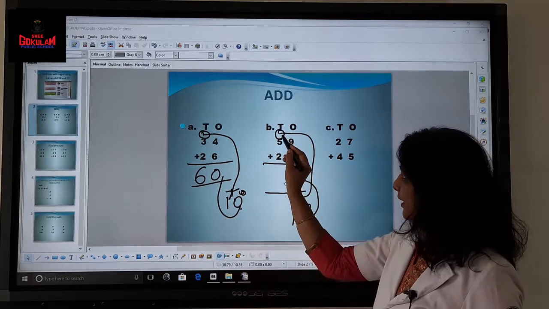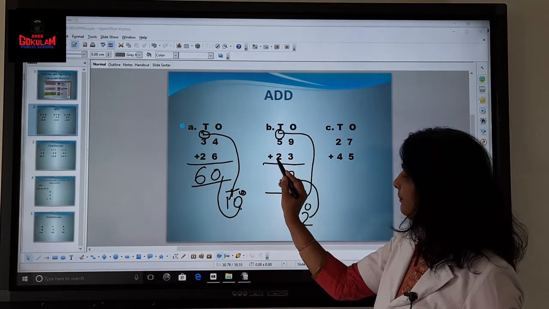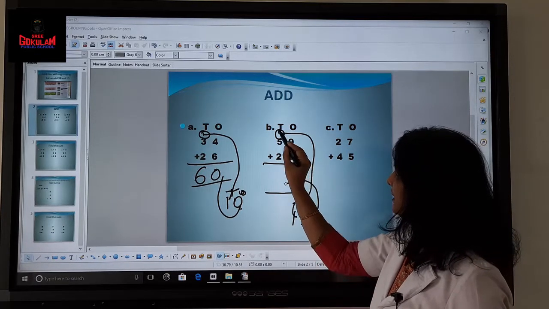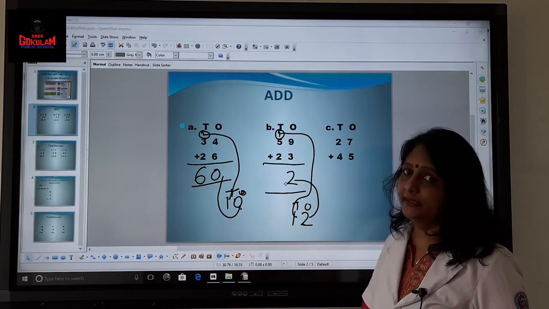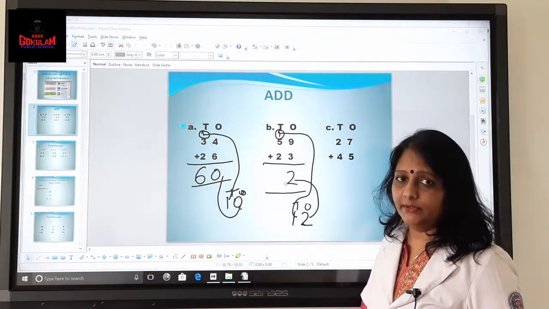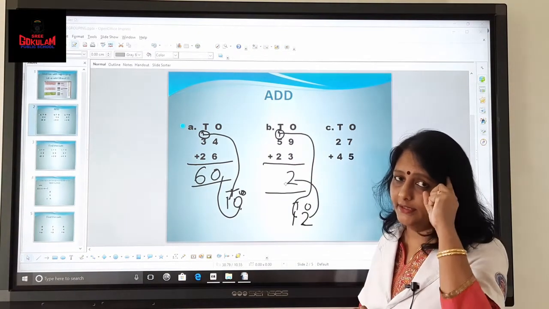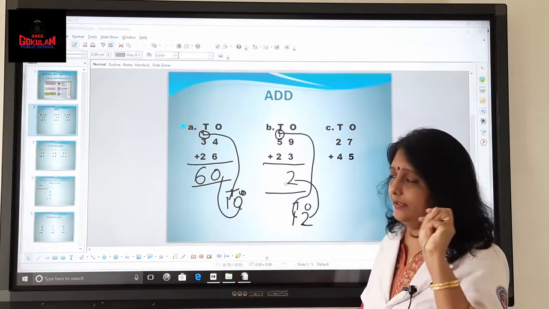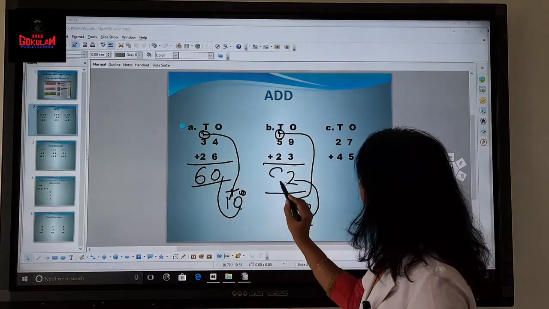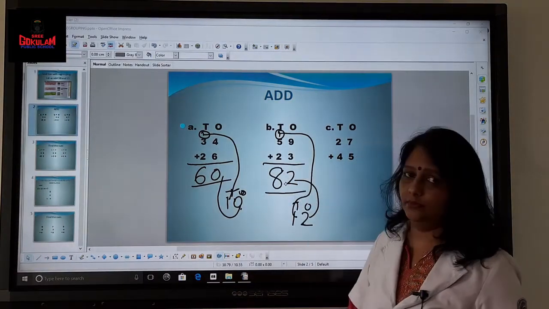Now 1 plus 5 plus 2. What is 1 plus 5 plus 2? 1 plus 5 is 6. 6 plus 2? 6 in your mind. After 6, 7, 8. So, the answer is 82.